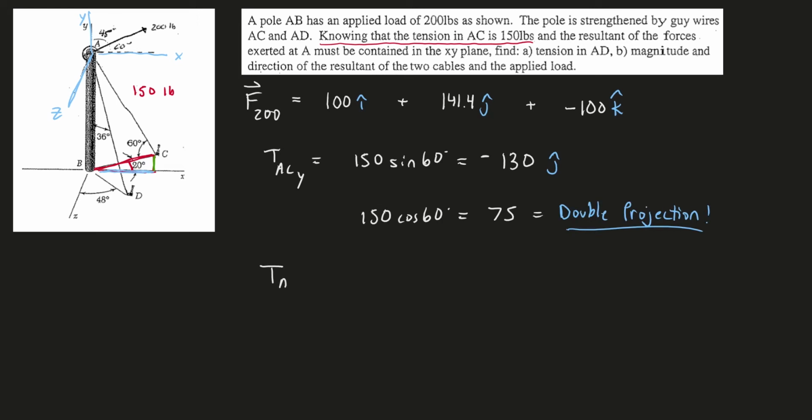So the x component of TAC will take that double projection line, that 75, the hypotenuse of the triangle that's sitting flat in the xz plane. Just know that we're dealing with another right triangle now. It's this one, and it's flat with the floor, the xz plane. So we'll do 75 times the cosine of 20 to get that blue adjacent side, and that's the x component. And that'll be 70.5.